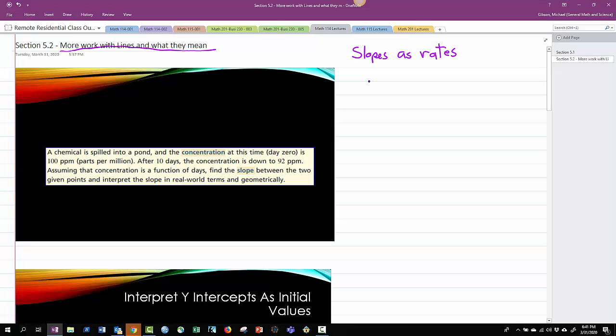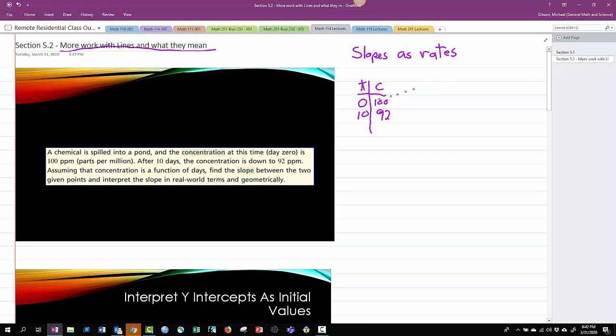So we're going to put time in days. At day zero, the concentration is 100 parts per million. At day 10, it's down to 92.